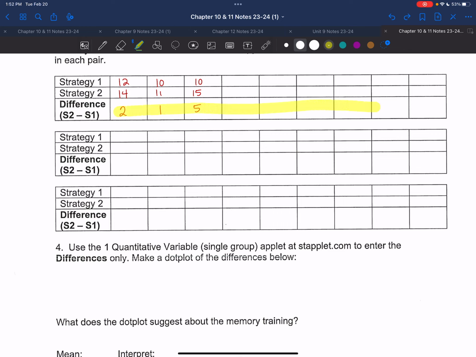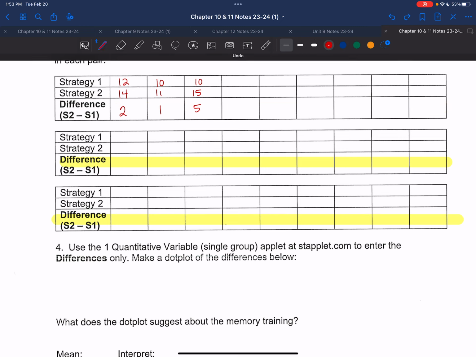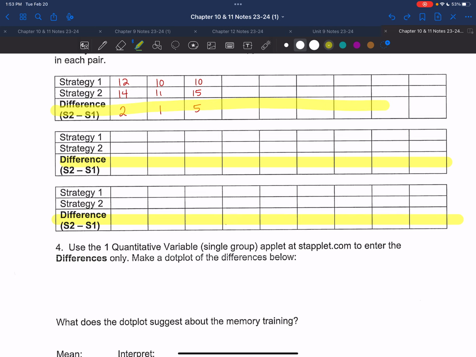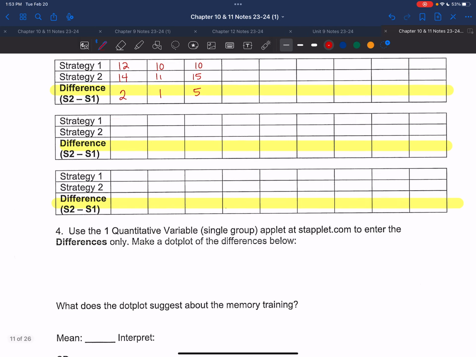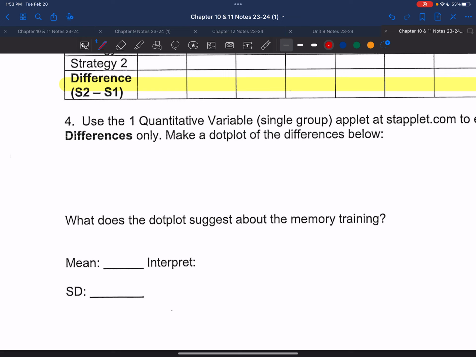So these differences are what we would want to be looking at. Everybody's differences. What was the difference in your words for strategy 1 versus strategy 2? Now, let's say that I created a dot plot using those differences.